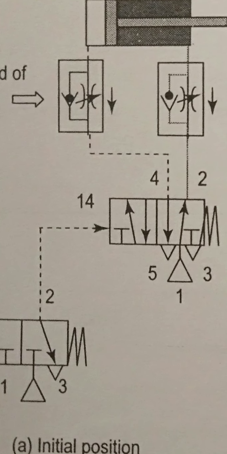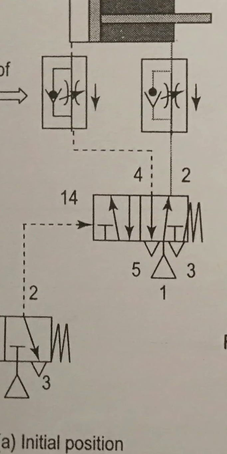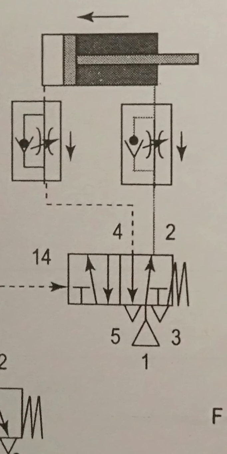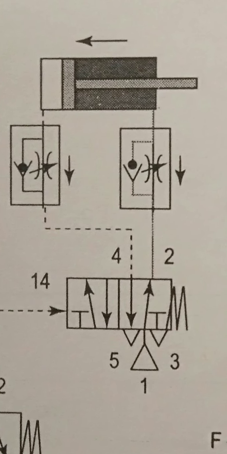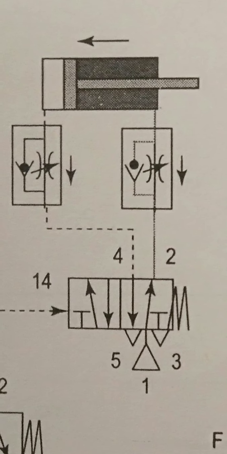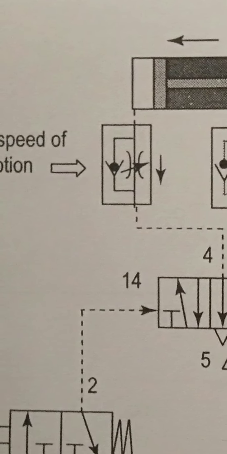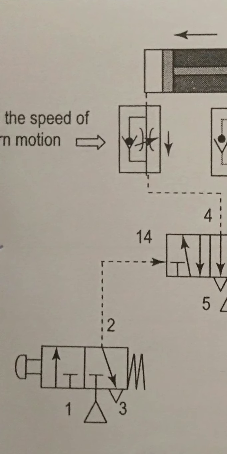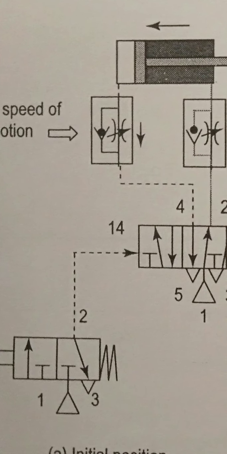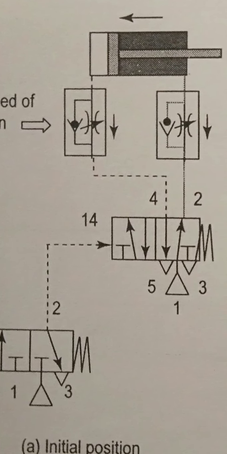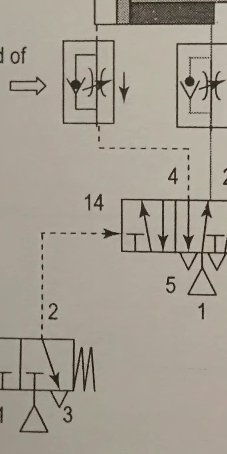So 1 is connected to 2, and 2 is connected to the right side of the piston. So the piston will move towards the left, and whatever air remained in the left side of the piston will move through this throttle valve, as shown in the dotted line, and from 4 it is exhausted to 5.